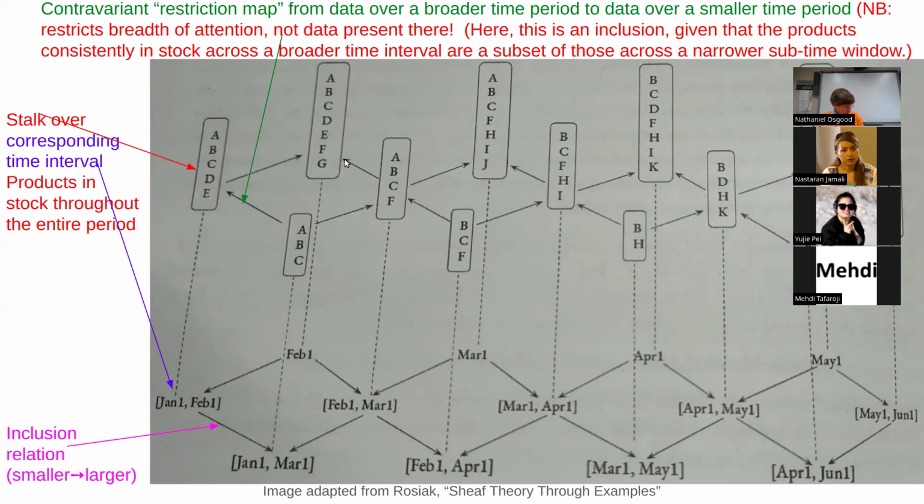This could be the sales in effect all throughout those periods. Instead of products, it could be sales in effect. So there are some sales that are only on for a particular subset of days, but then there are some that are on for shorter intervals and some that are on for longer intervals.